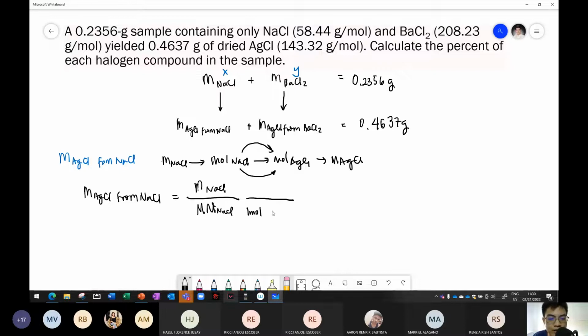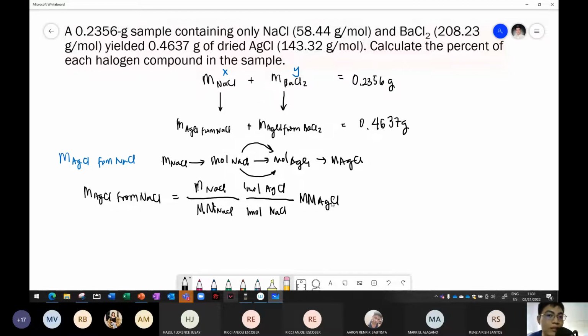So 1 mole NaCl can give you 1 mole AgCl. Again, ano yung titignan mong element? Yung Cl. Okay? The subscript of the Cl will tell you the moles. Okay? So yun, tig-isang mole sila. And then lastly, you multiply everything by the molar mass of AgCl.